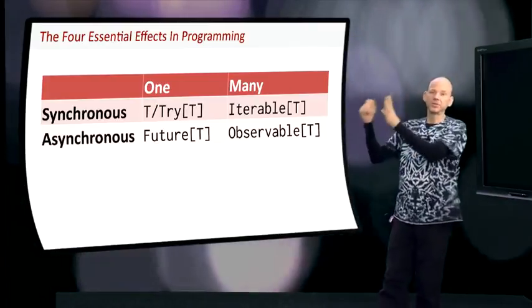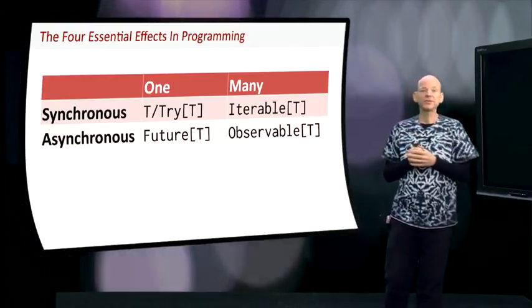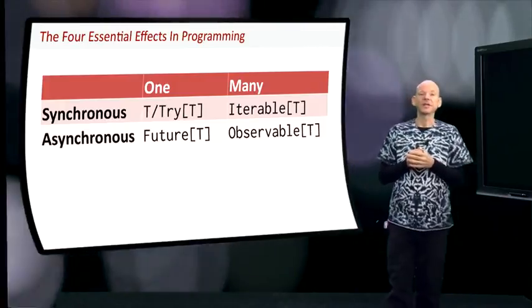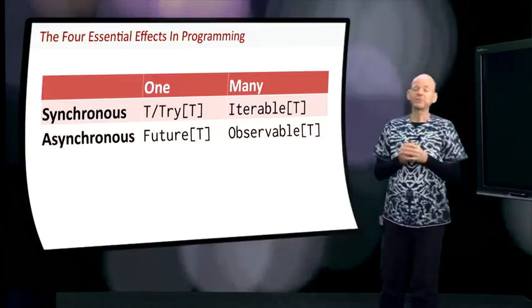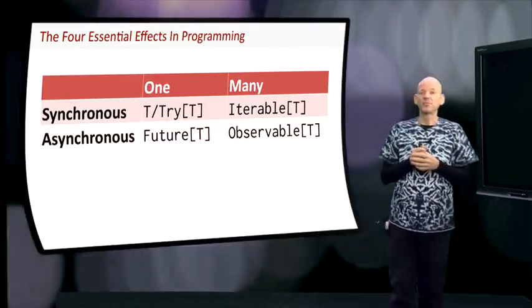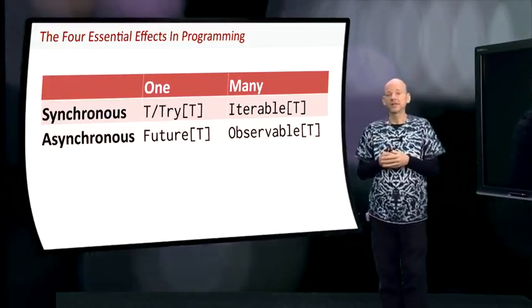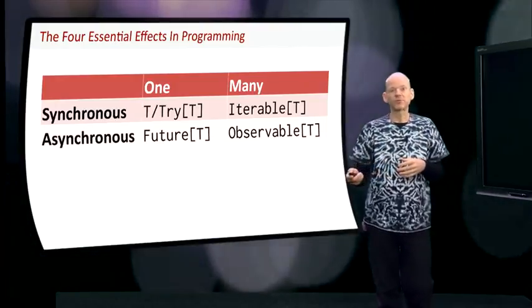And then we will move on to synchronous computations that return many values and asynchronous computations that return many values. But first we're going to focus on the leftmost quadrant, synchronous computations that return one value. This is the kind of effect that we're all familiar with, and this is the effect that's implicit in most of our programming languages.